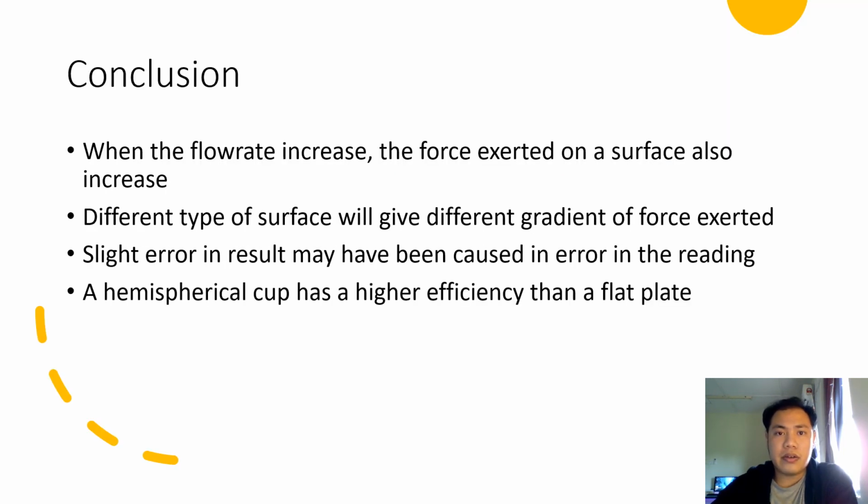Lastly, these are the conclusions that we can get from this experiment. First, when the flow rate increases, the force exerted on a surface also increases. Secondly, different types of surfaces will give different gradients of forces exerted, but it will still comply with the first observation, which is when the flow rate increases, the force exerted on the surface will also increase.